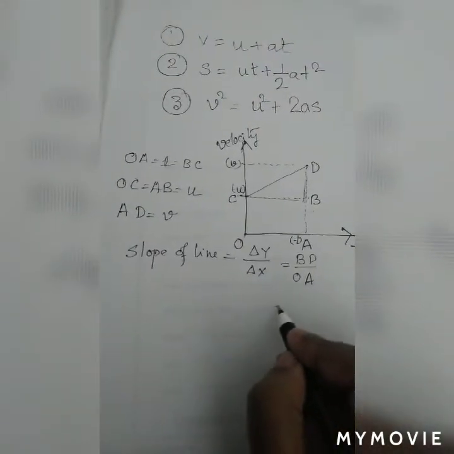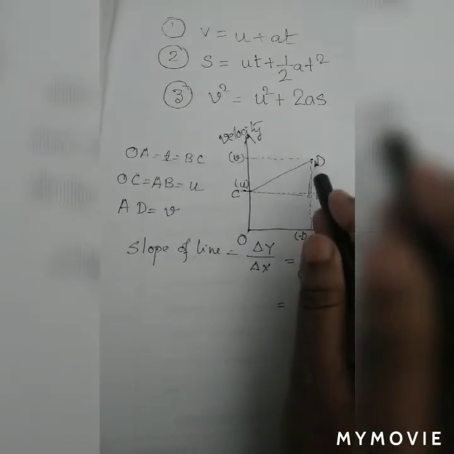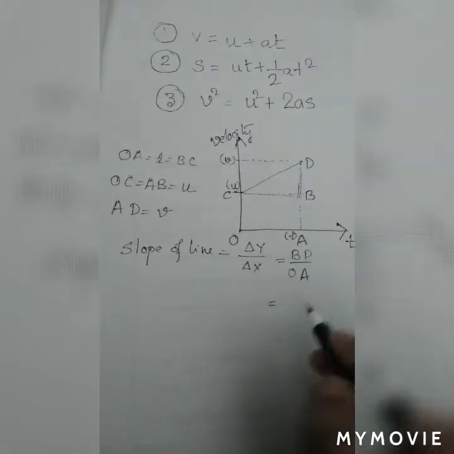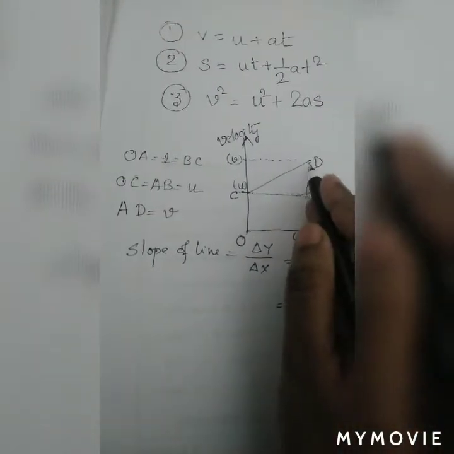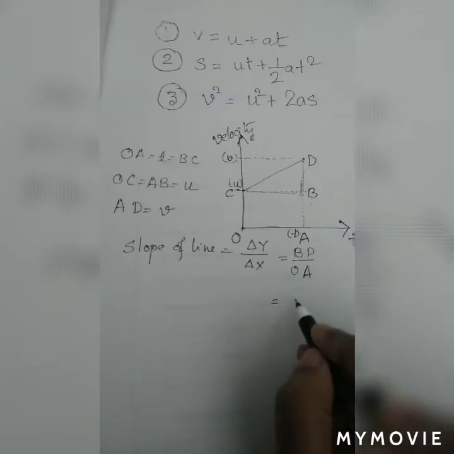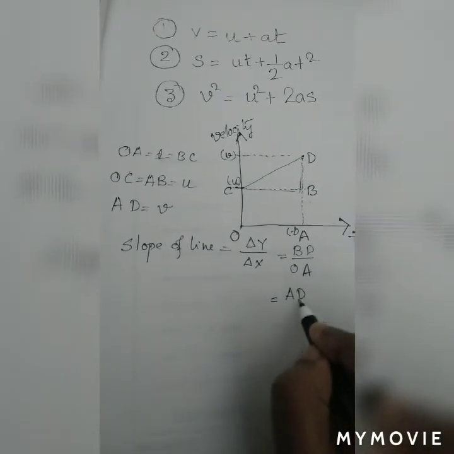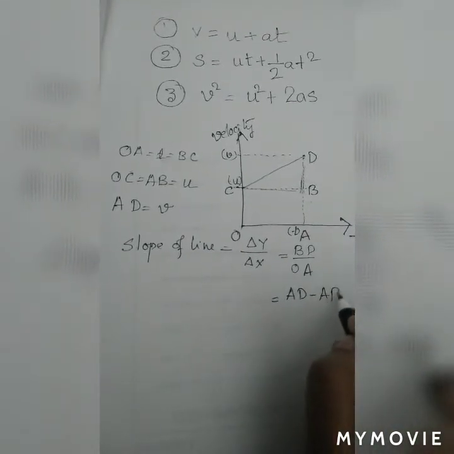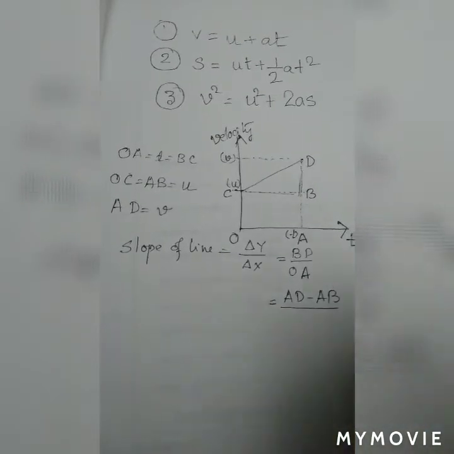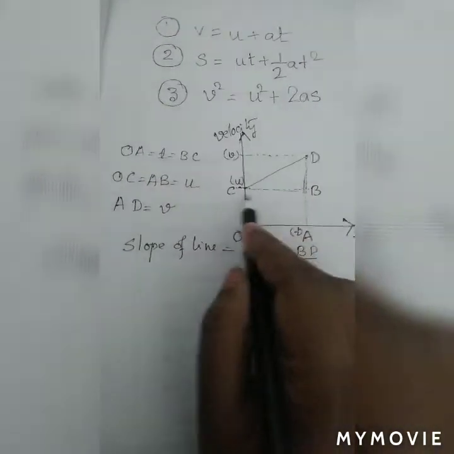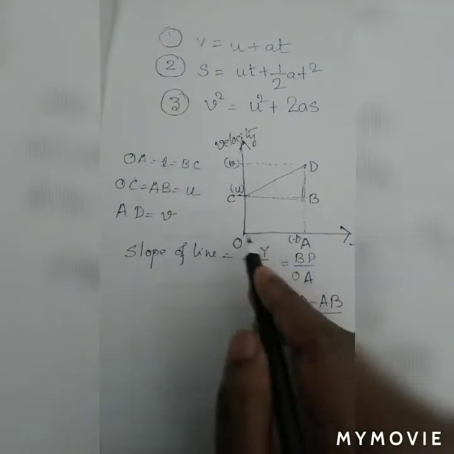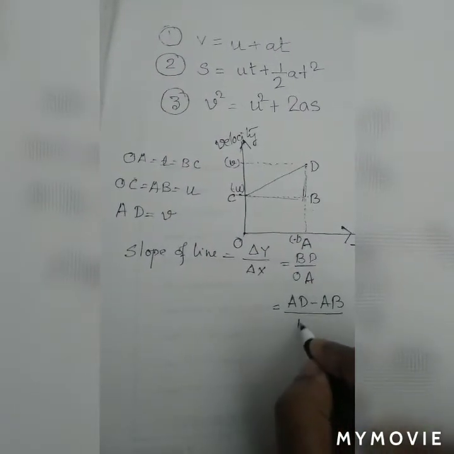Now to find BD, BD is nothing but AD minus AB. So AD minus AB by OA, and OA is nothing but BC.